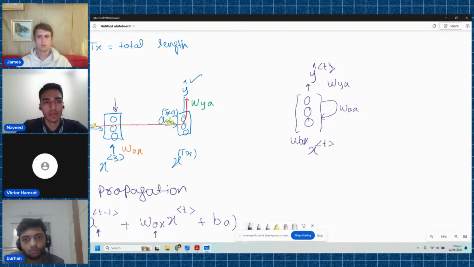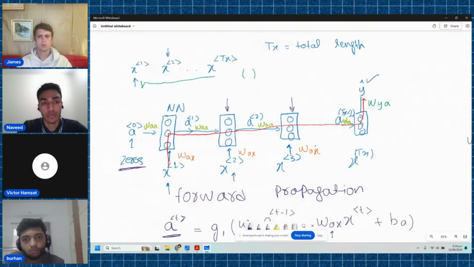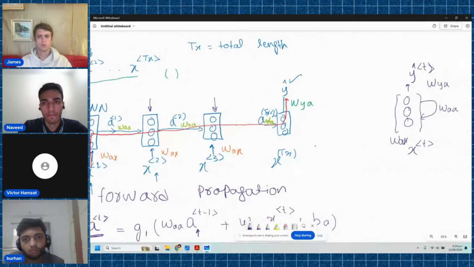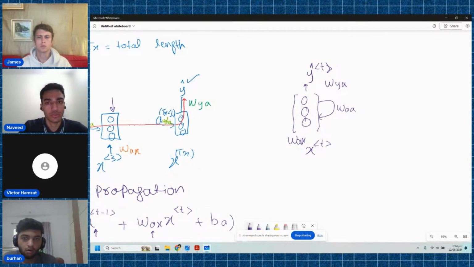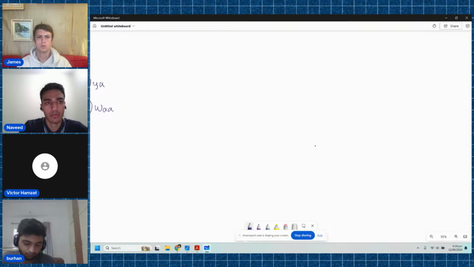This unrolled diagram is usually easier for understanding what's happening in this network. And there's also a diagram that demonstrates how a single RNN cell or a single RNN neuron works.